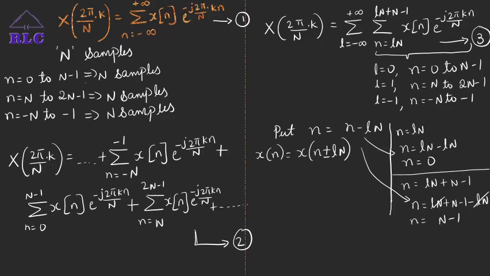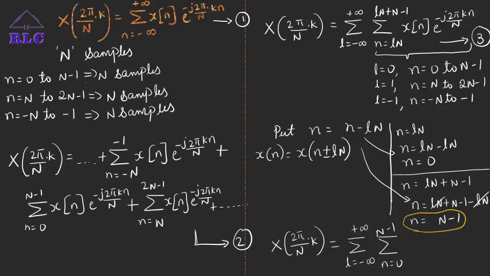So equation 3 can be written as X of 2 pi by N into k is equal to the outer summation, L is equal to minus infinity to plus infinity, and the inner summation ranging from n is equal to 0 to N minus 1.